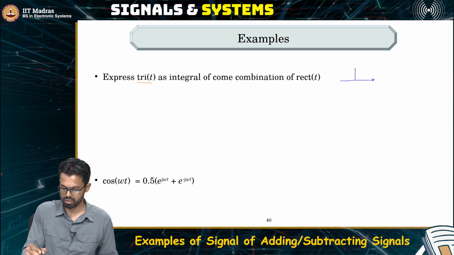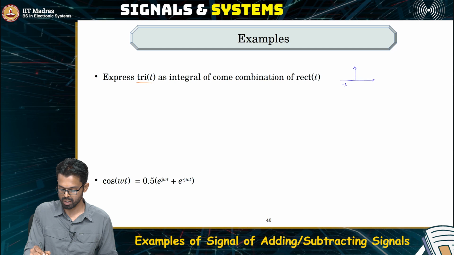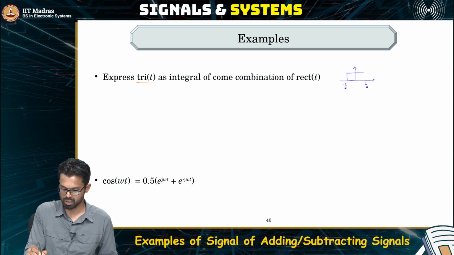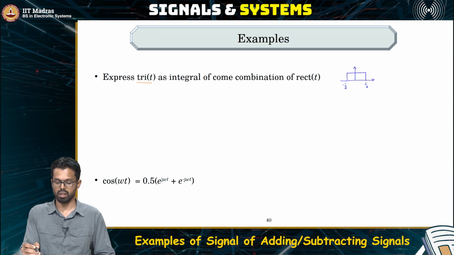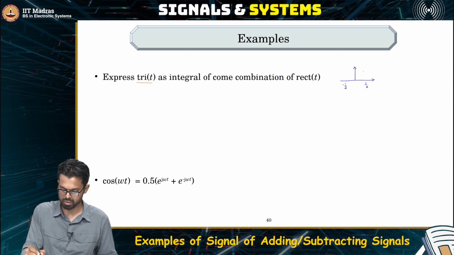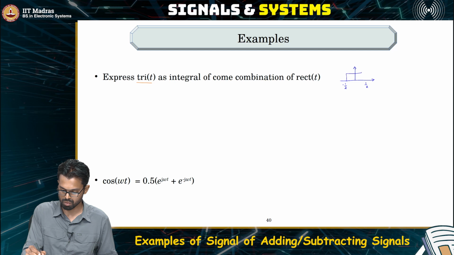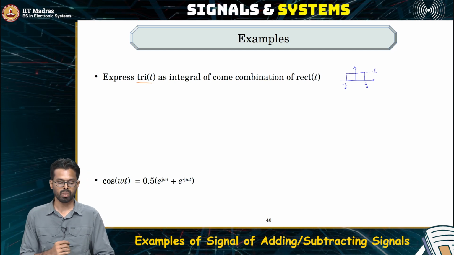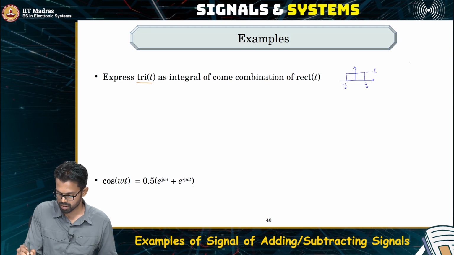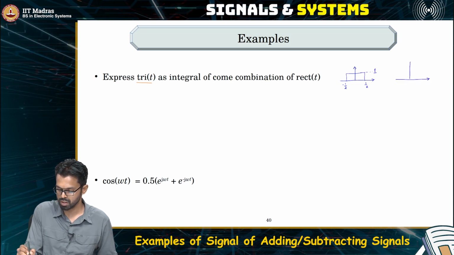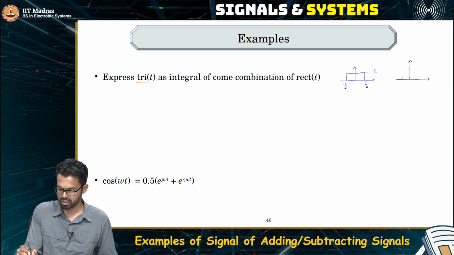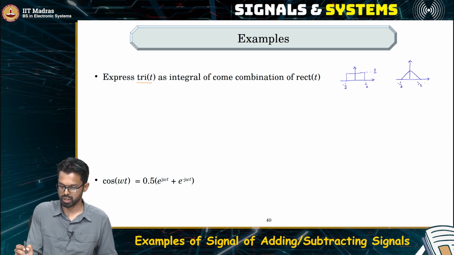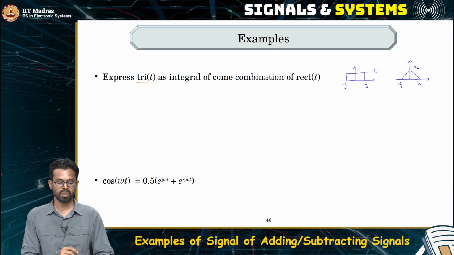The rectangular function, as we recall, is just a straight line between minus half and plus half, and this value is 1. And the triangular function we defined as something between plus half and minus half, having amplitude 1.